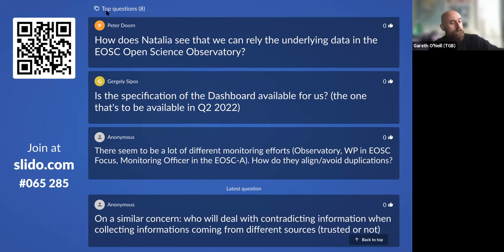Yeah, so Natalia added to the chat that it's also about incentivizing, and it makes sense to me that if you're going to have something across Europe where you can see information from other countries and information about what your own country is doing, there's an incentive there to, as Volcker said, invest in EOSC.